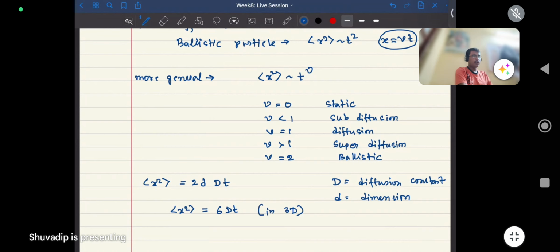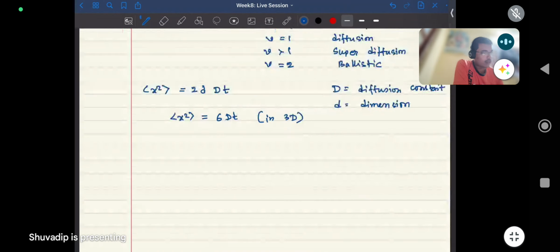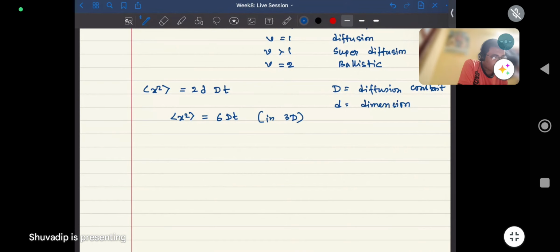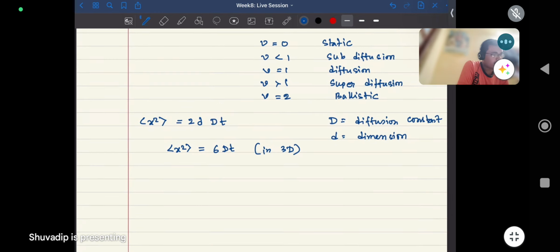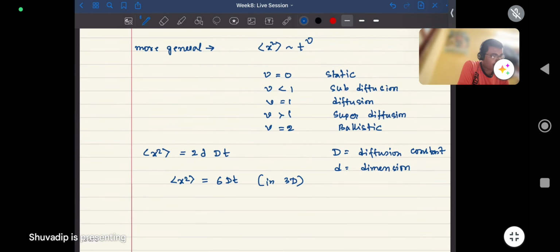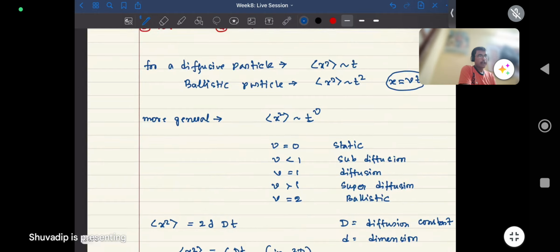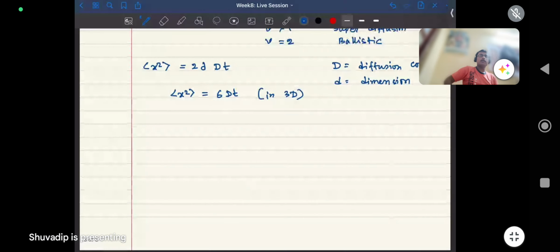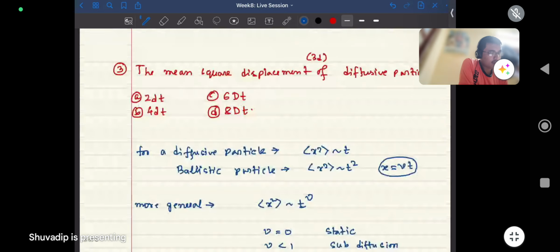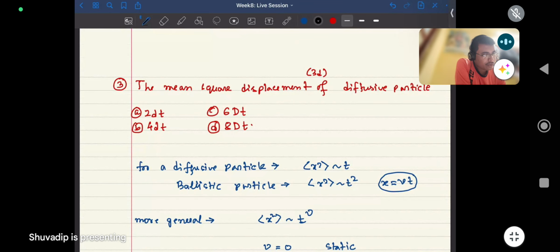Similarly, in 1D, you have to put d equal to 1, so we get our old result, x square is 2Dt. In 2D, it is 4Dt, and in 3 dimensions, it is 6Dt, but only if the motion is diffusive. In any other kind of motion, this exponent of time will change. The value of nu will change depending on the nature of the motion. So in this case, the correct option should be 6Dt.